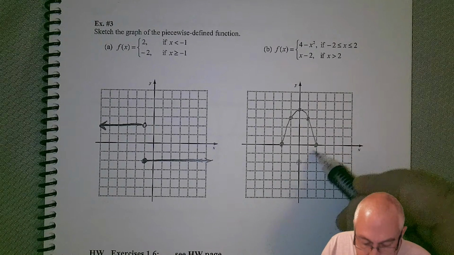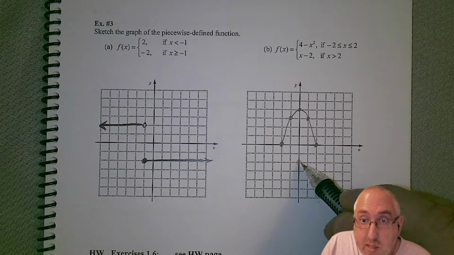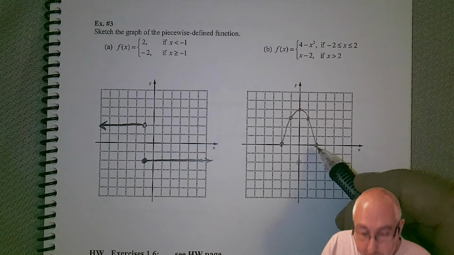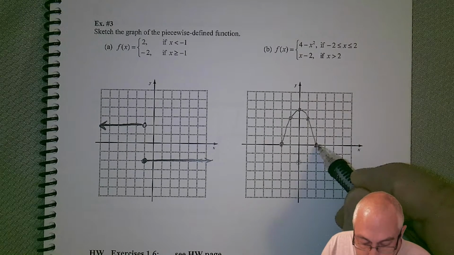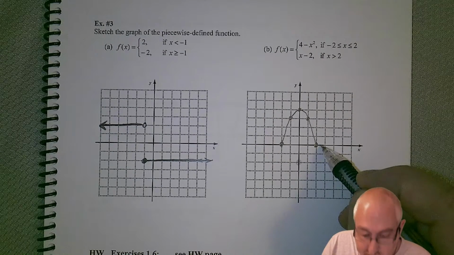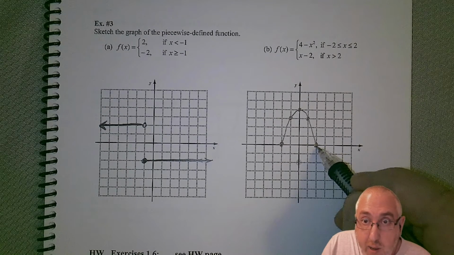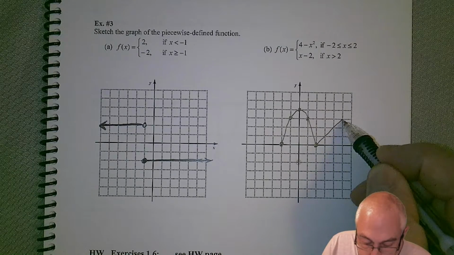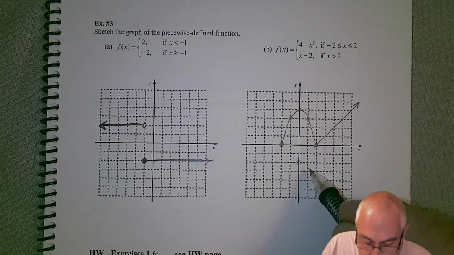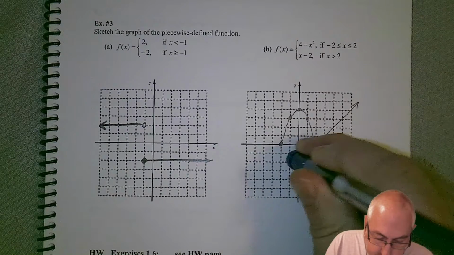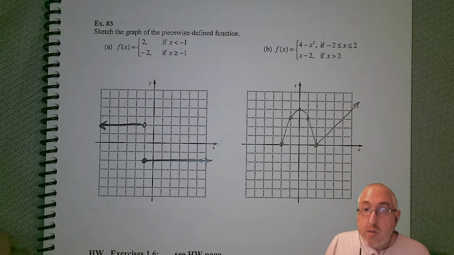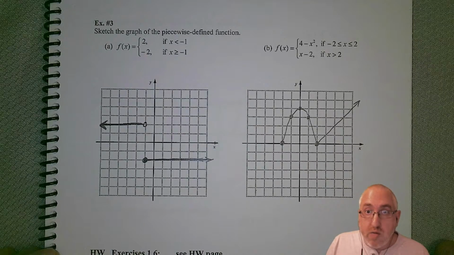Now, what's nice about this problem is that we can see that it passes through this point as well, which is a bonus. So we don't have to worry about an open dot anyplace because it's falling right on the spot. So we can just sketch our slope of 1 on through, and let's just erase that so we don't make a mistake. So that should be our piecewise function.